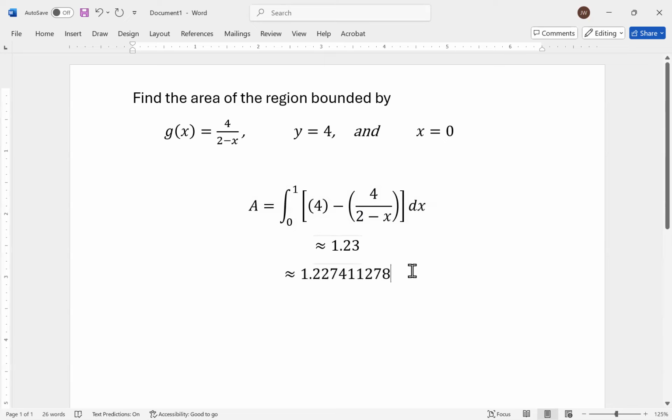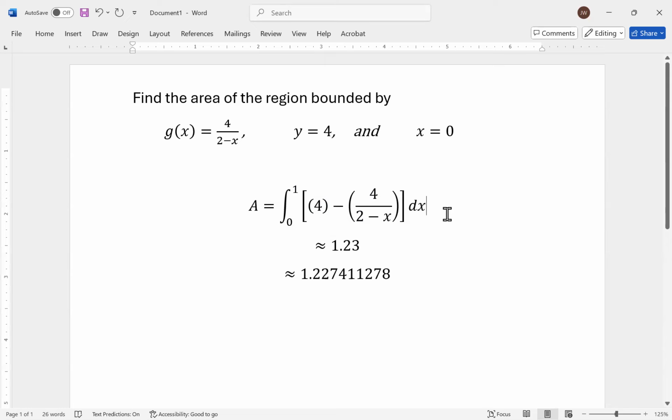But for the most part, if we're fine with approximations, we're good to go. And we can just type it into our calculator, which generally speaking in my classes, we're going to be fine with approximations. Okay.